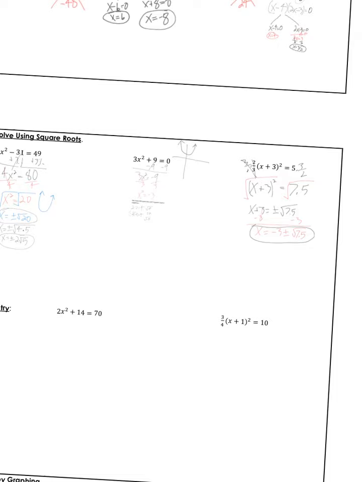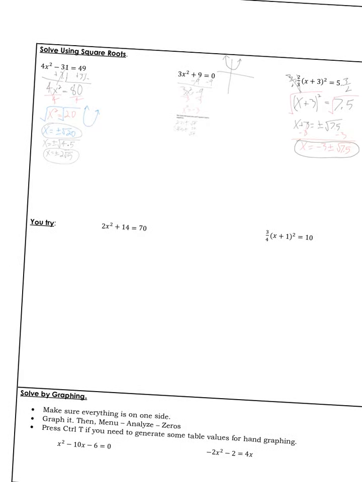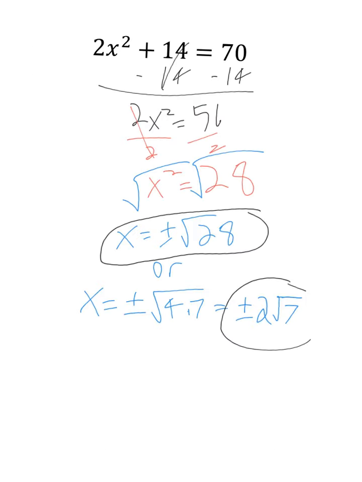Okay, so now you try the next two examples. Okay, so on this one, I minus 14 over, and then I divided by 2 and square rooted, and I got x equals plus or minus the square root of 28. And you could simplify the radical of 28. That's 7 times 4. The square root of 4 is 2. So you could say plus or minus 2 times the square root of 7.